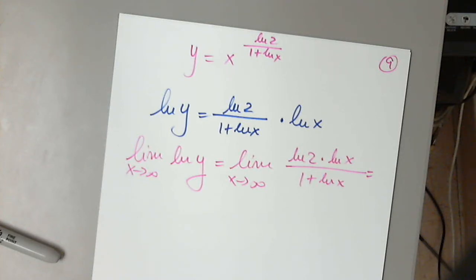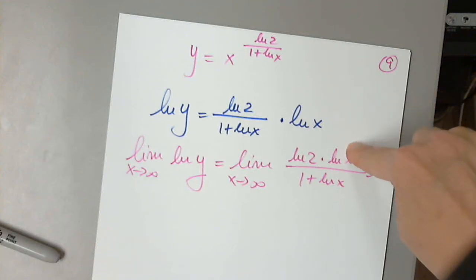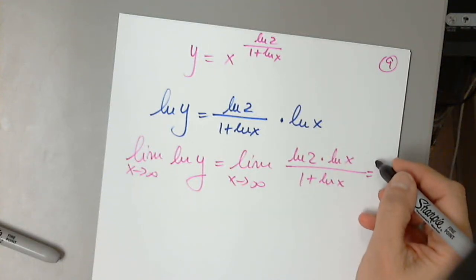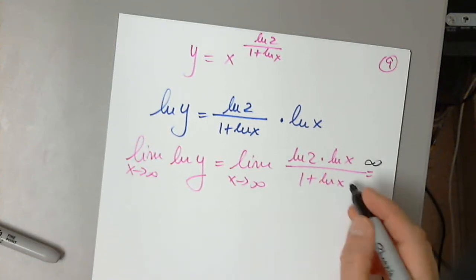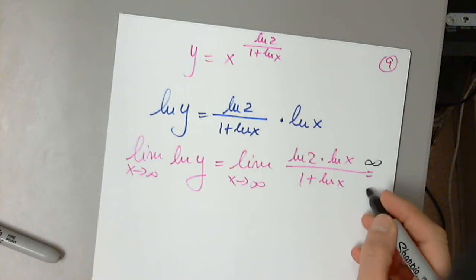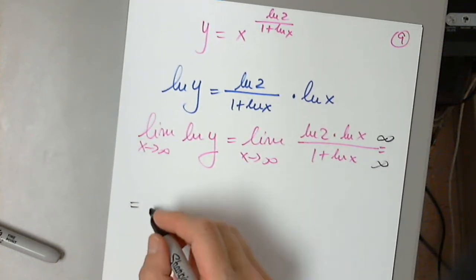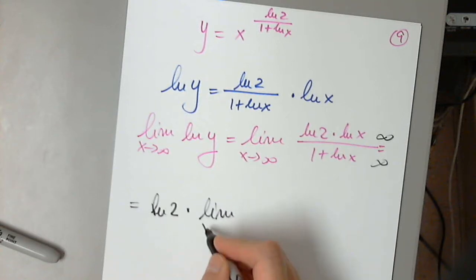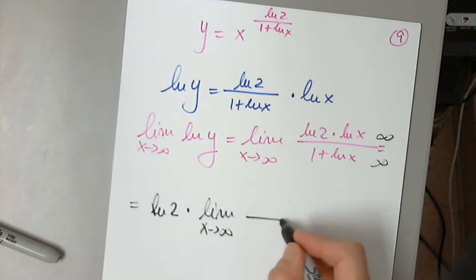Don't even look at it. It's like 3. You can put it in front. So now, where does this go? Good. Where does this go? Excellent. Very good. So the natural log 2 times the limit as x approaches infinity.